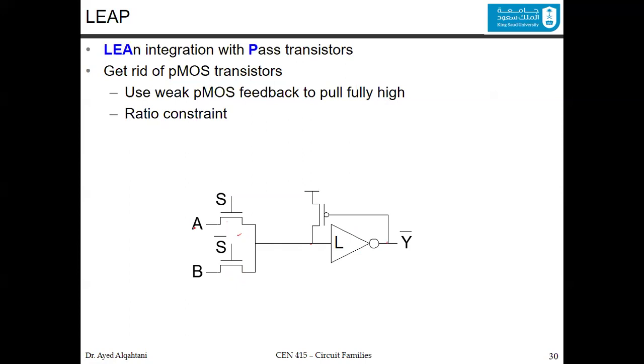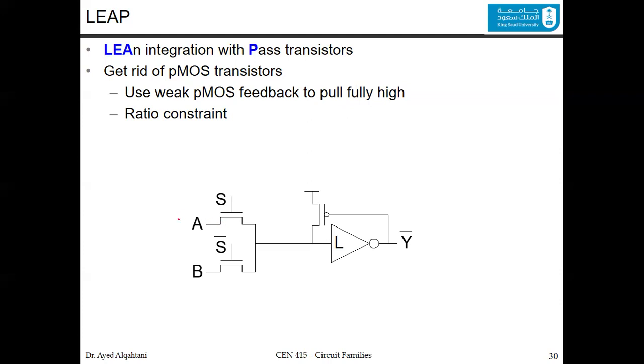If you have 0 and you have a PMOS, since the PMOS is in the pull up, you will have a degradation. Now what happens is we take the PMOS completely away and we are left only with the NMOS. Now we got rid of the PMOS and all its problems. We are ending up with only the NMOS, and it has a problem.